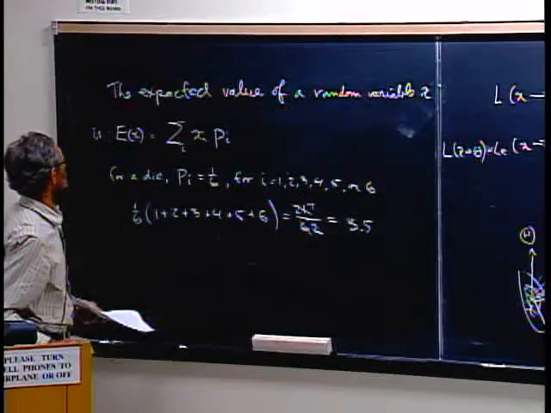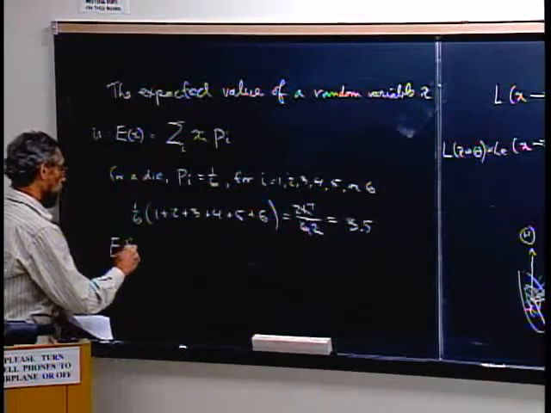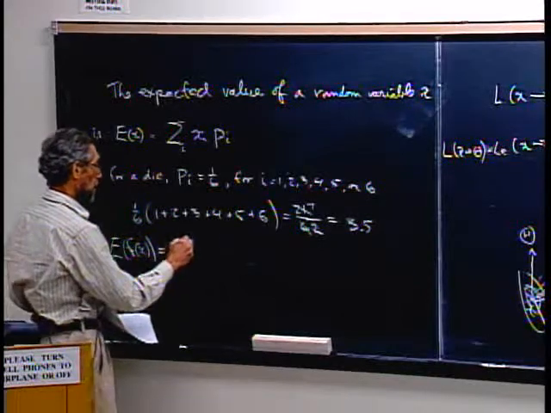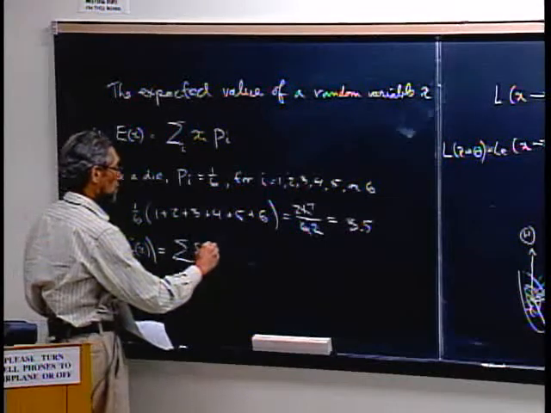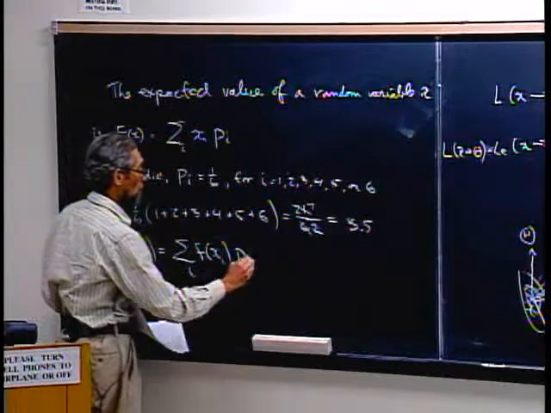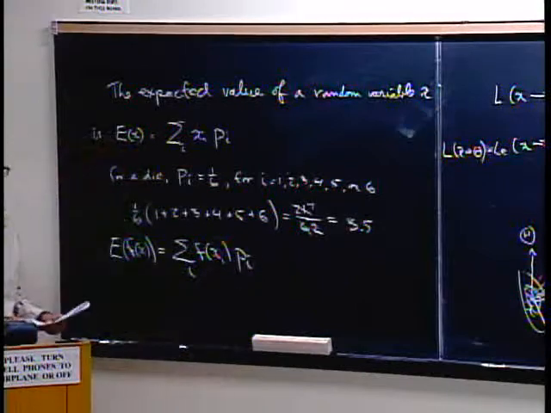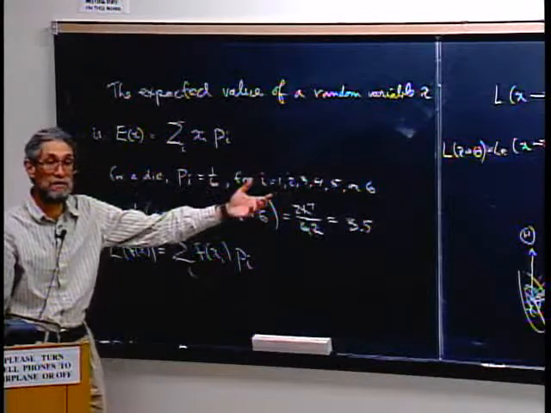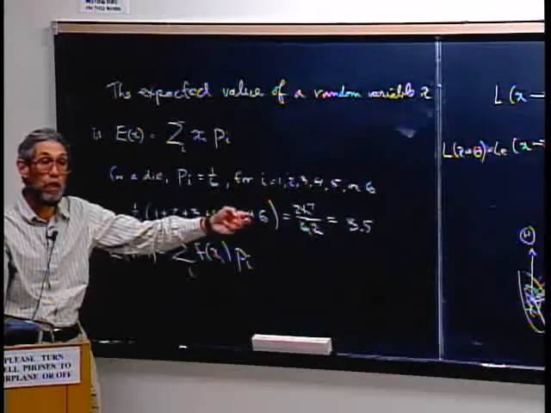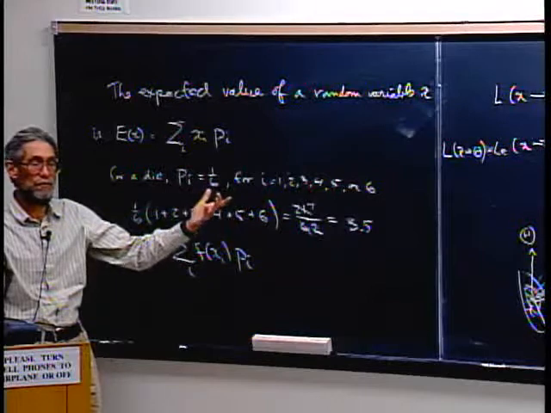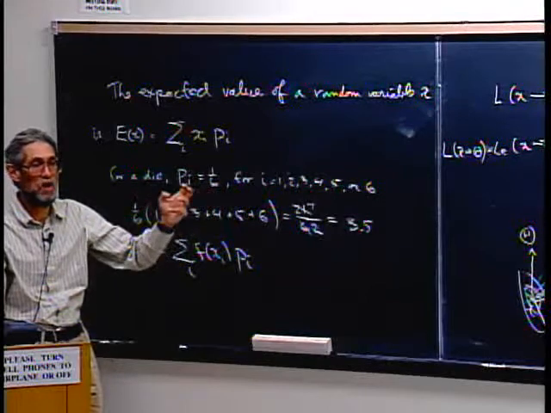And similarly, we can have the expected value of some function of a random variable. And that's the sum over i of this f of x_i times the probability of i. So we could say, suppose you had 6 faces, but instead of numbering them from 1 to 6, you numbered them 5, 7, 12, 13, 27, and 91.